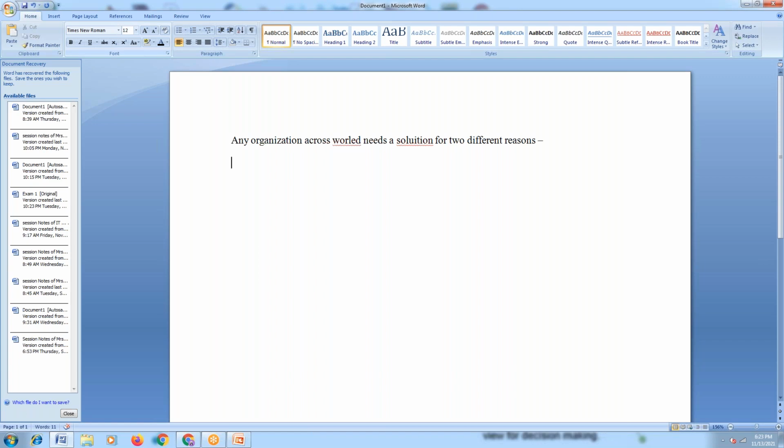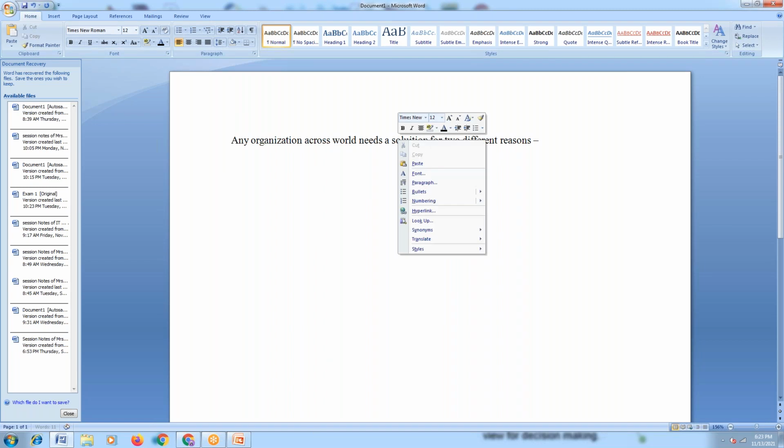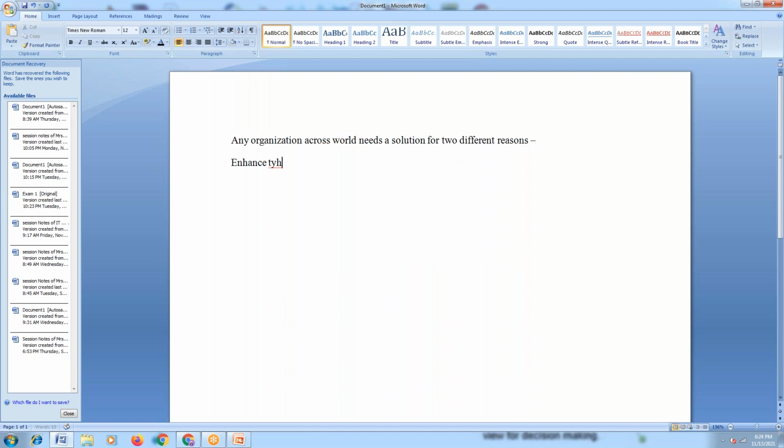The first reason is to enhance their organizational performance, or increase their revenue life cycle. Right, so these are the two different reasons for any organization you take.